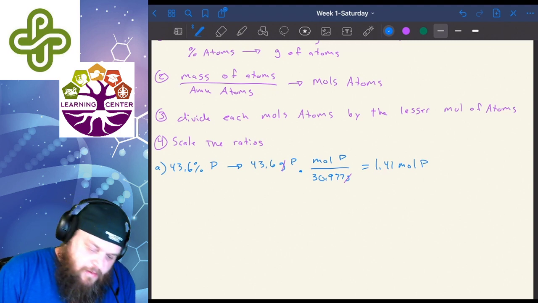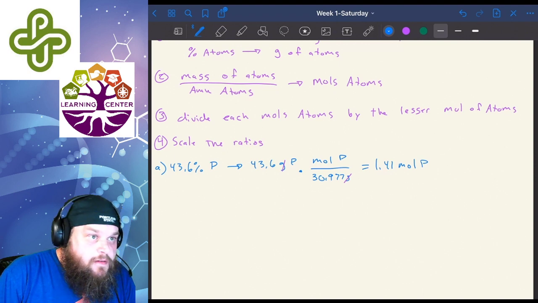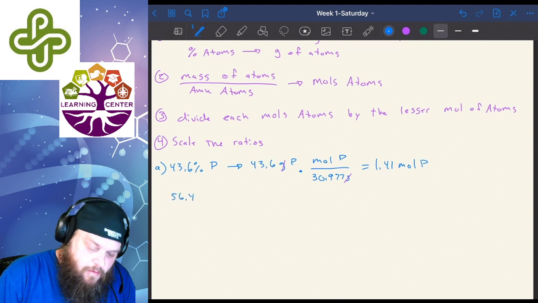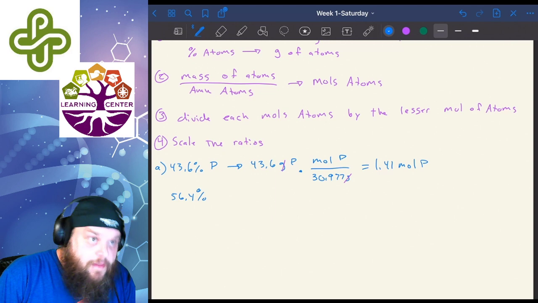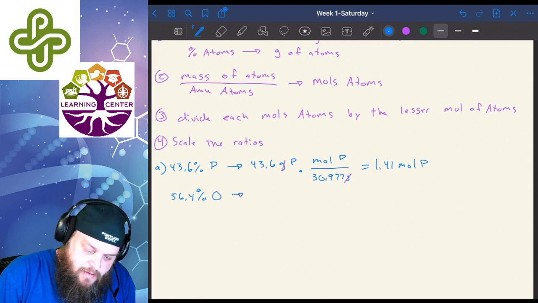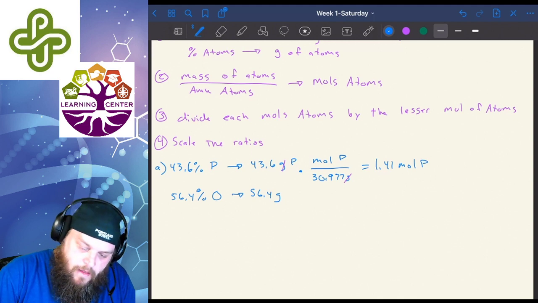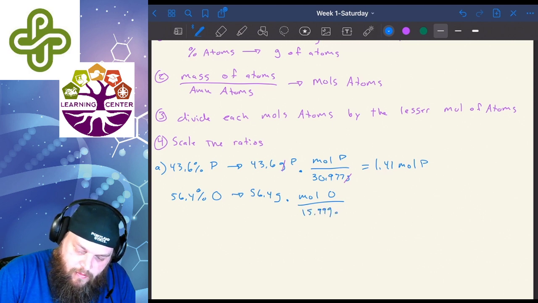The next one is 56.4%, and that's going to be oxygen. So that tells us we have 56.4 grams. We can multiply that by the moles of oxygen, which is 15.999 grams per mole.